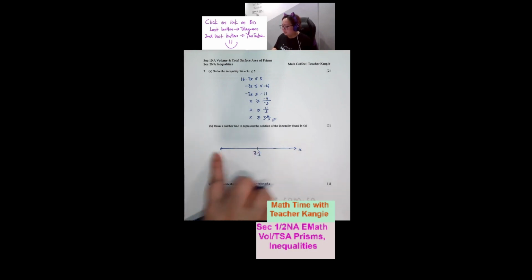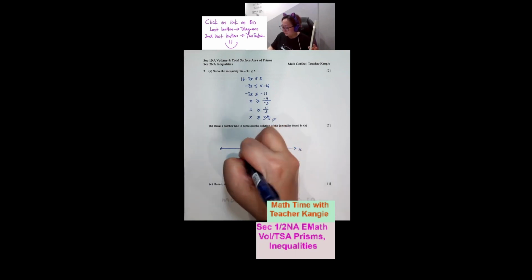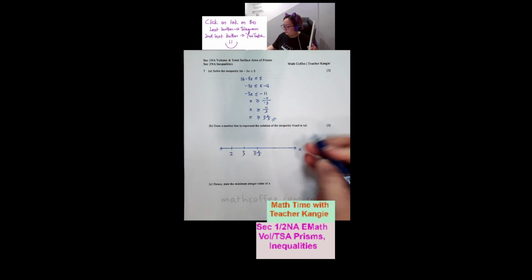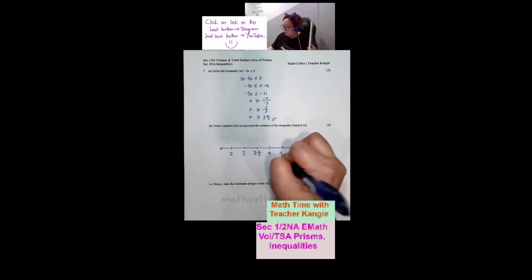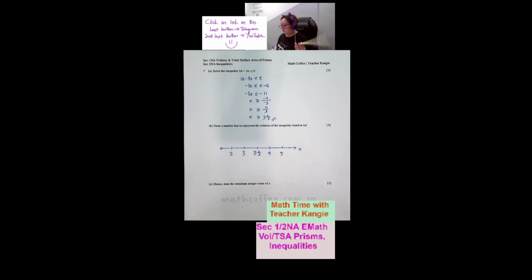No, the numbers that you put on the left hand side and right hand side are always integers. So the next integer that is smaller than this is 3. Then after that will be 2. After 3 2/3 will be 4, and then after that it will be 5. It's not necessary for you to have it to scale.